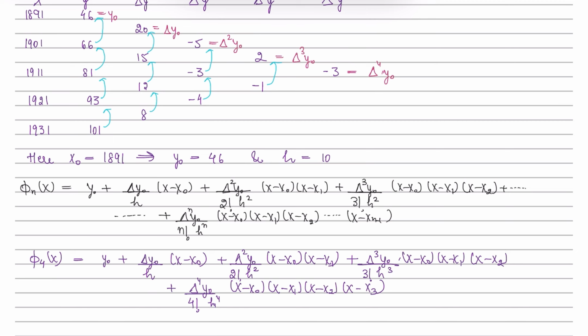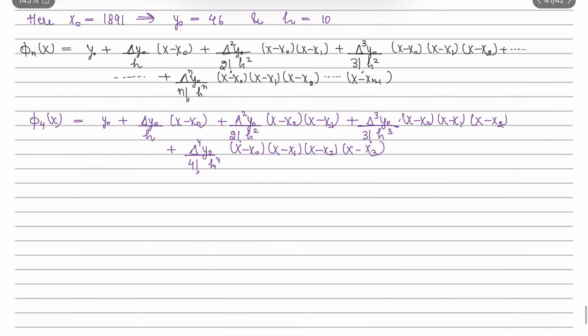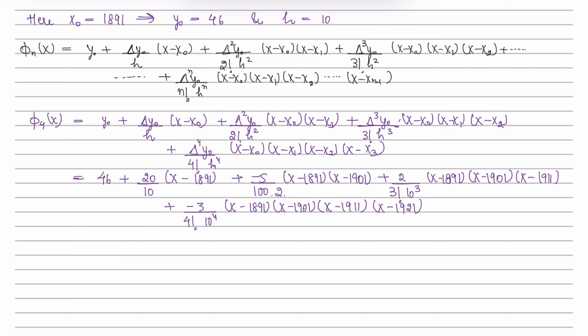Since we have to find the value of y in the year 1895, we are not asked to find the polynomial in this question, rather we have been asked to estimate the population size for the year 1895.